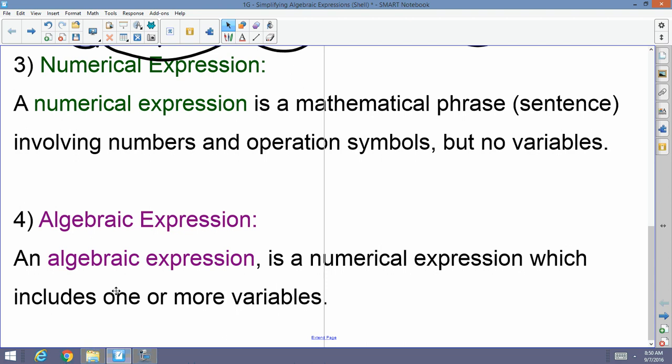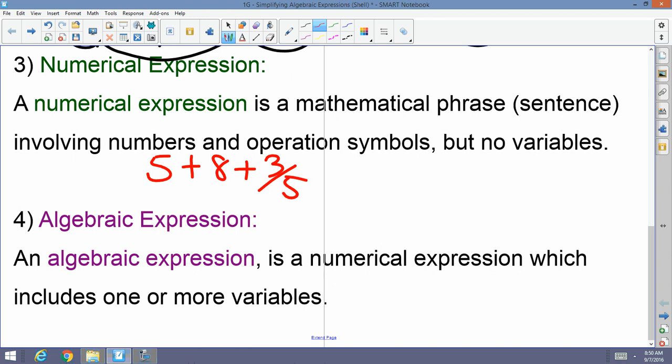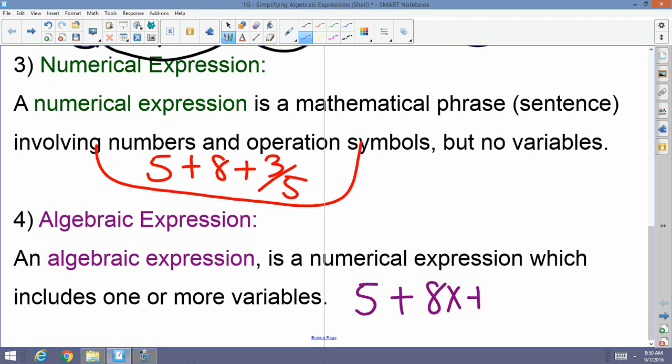An algebraic expression is a numerical expression which includes one or more variables, okay? So a numerical expression could be 5 plus 8 plus 3/5. That's numerical, right? But an algebraic one would be 5 plus 8x plus 7, okay? Now that it has a variable, it's called an algebraic or variable expression.